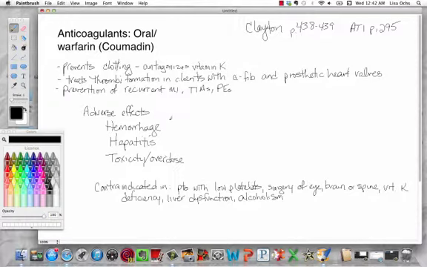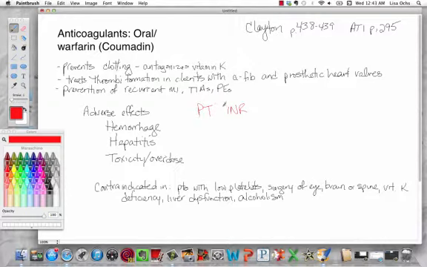hemorrhage. For heparin, remember, we looked at the blood test called the PTT. For Coumadin now, we're going to look at the lab test called a PT and something called an INR. The PT is called a prothrombin time, and an INR is something called an international normalized ratio.